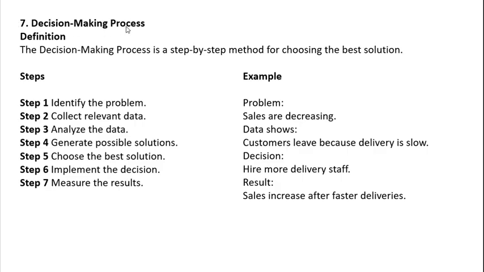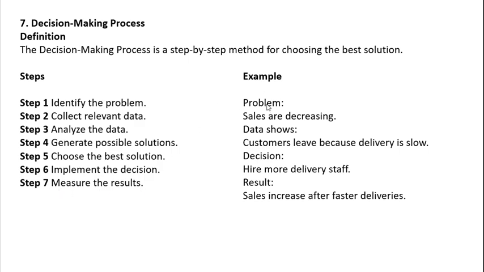Seventh is the decision making process. A decision making process is a step by step method for choosing the best solution. The steps are: identify the problem, collect the relevant data, analyze the data, generate possible solutions, choose the best solution, implement the decision, and last, measure the result.